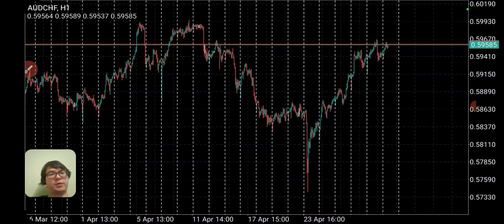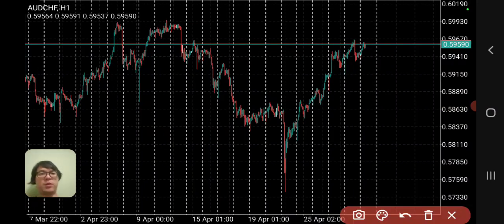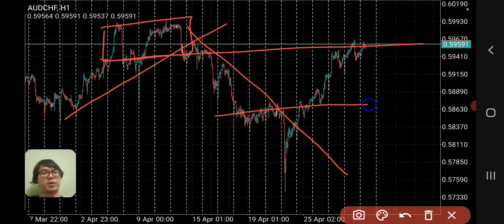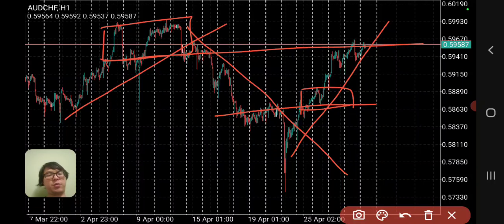Aussie swiss. This one is very interesting because we have the trend line break where the top of dimension 1 creates a resistance. Downtrend, trend line break, price holds here, creates a new uptrend for the support.